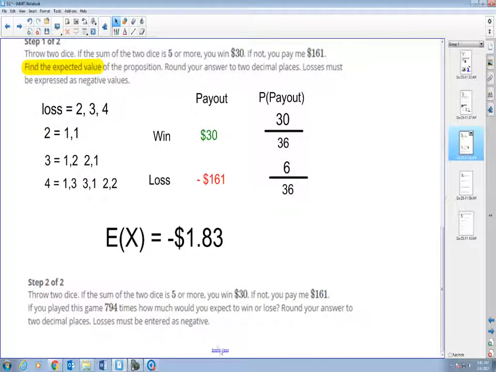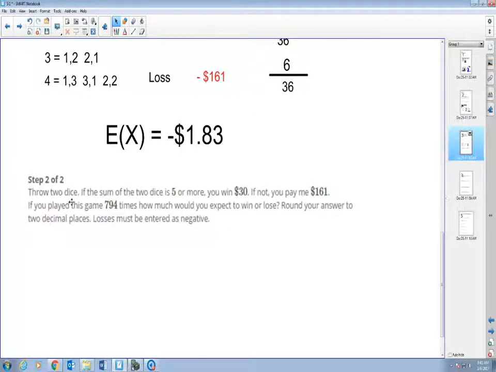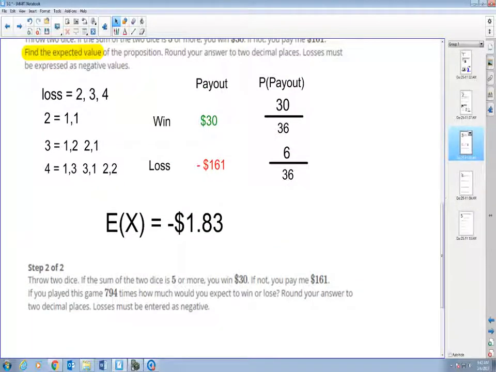So, step number 2. If the sum of two dice is 5 or more, you win 30. If not, you pay me 161. So let's say you play this game 794 different times. How much would you expect to win or lose? If you're just playing one time, you expect to lose $1.83.